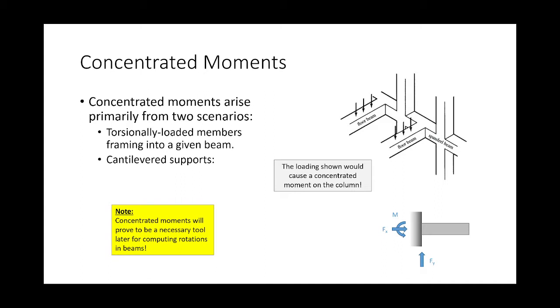I want to look at this example here. Let me see if the little screen laser pointer works. Hey, it works. If you look right here, this is a floor beam, and let's say this floor beam is part of a canopy, or a mezzanine, or a party deck, cantilevered out from a building.